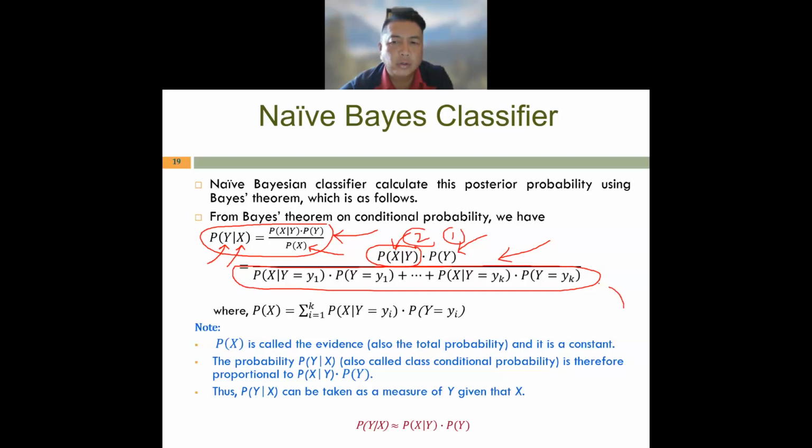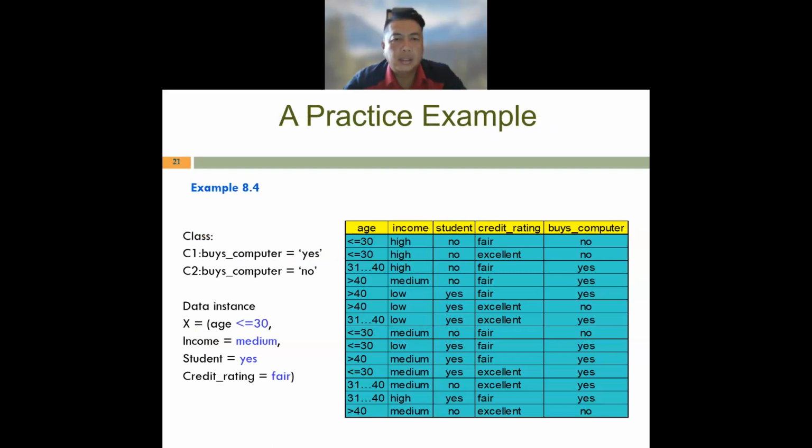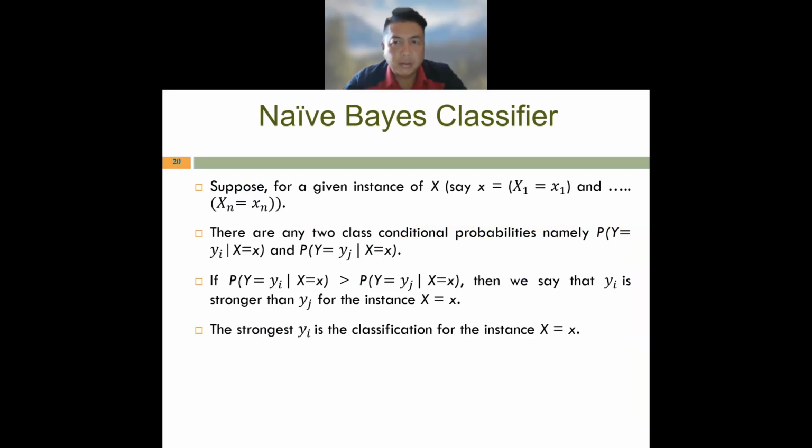In most cases, you don't have to compute this denominator, because when we compare two possibilities, the bottom will be the same. Let's go for the example, but this is how we decide the classification.